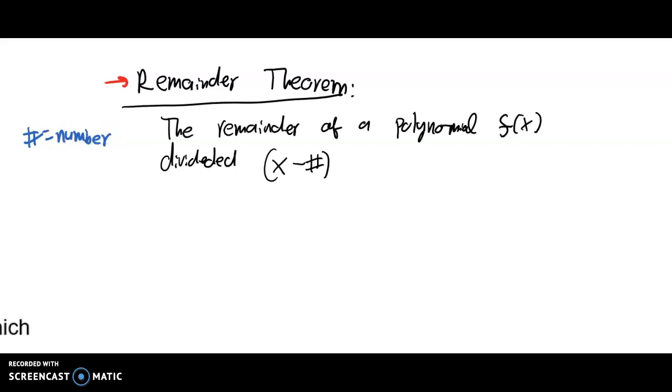This means some number. When divided by x minus number is the same thing as f of that number.